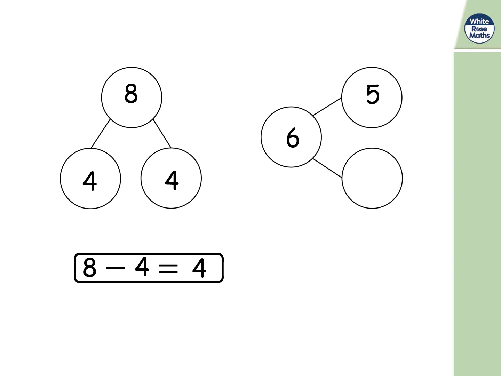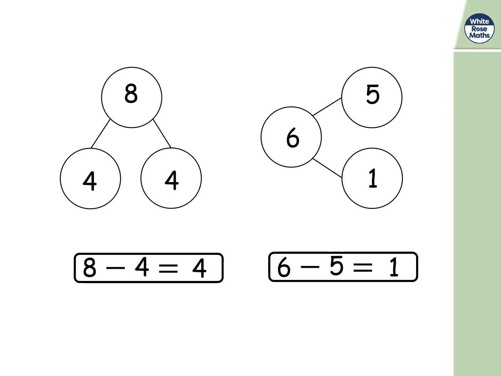Fantastic. And this one? Oh, how would I fill out the number sentence and the part-whole model? Well, I can see that 6 subtract 5 equals something. And 6 subtract 5 is 1.